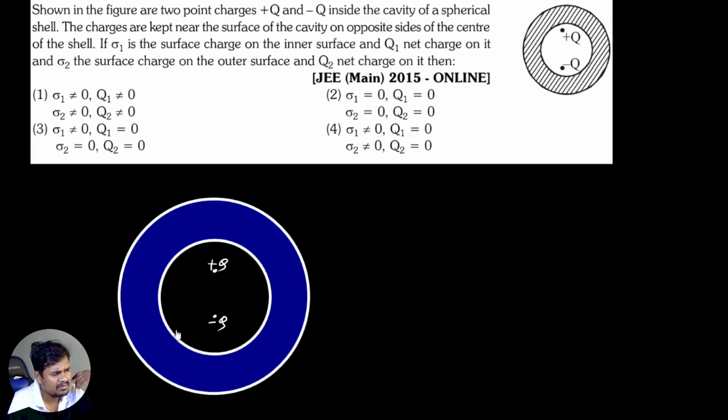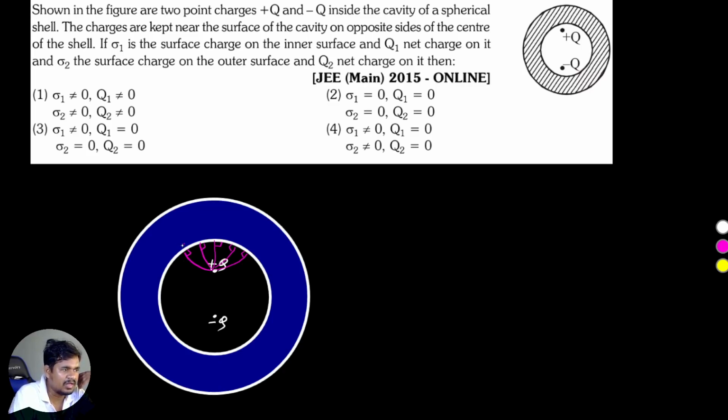That means this surface will definitely have a charge density, because these fields will converge, or you can say these fields will terminate on this inner face. So that means sigma 1 will be non-zero. If I show you the field pattern, it will be in this manner. To receive or to collect these fields, there must be some amount of charge here.